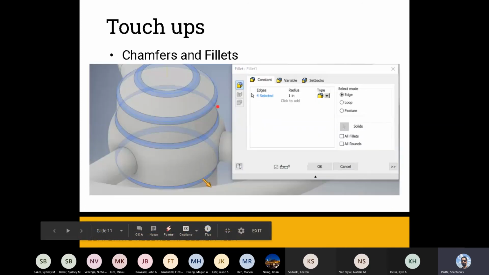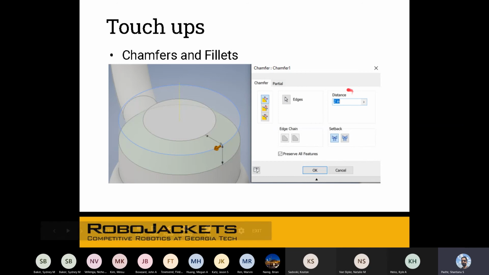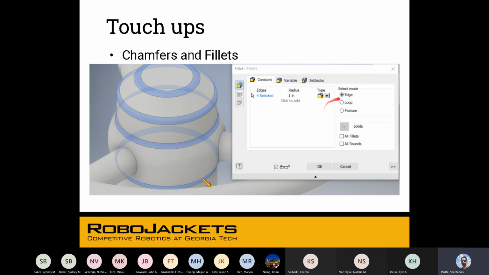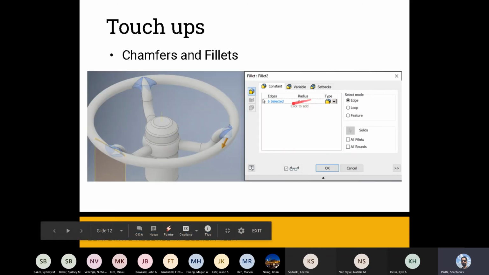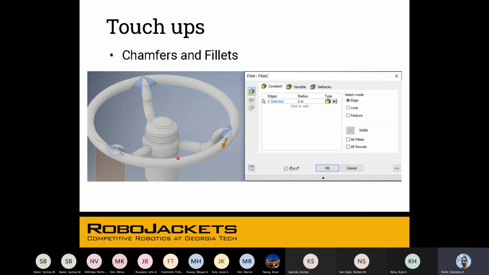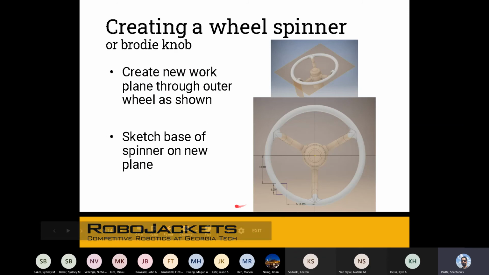Let me just go back. You can select a distance for your chamfers and fillets. Where's the fillet? 10% fillets. Oh yeah, more chamfers over here.